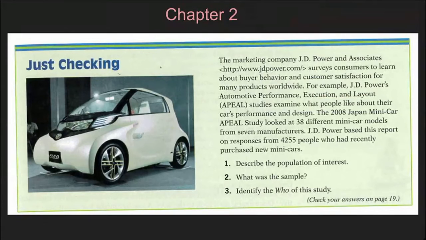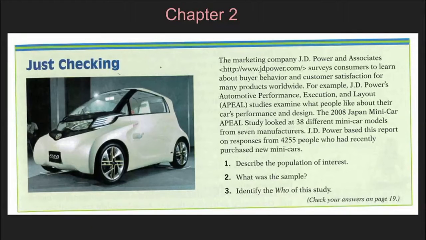So describe the population of interest. So population of interest is everyone we want to know about, or everything we want to know about. So let's see, it says, this study examined what people like about their car's performance and design.